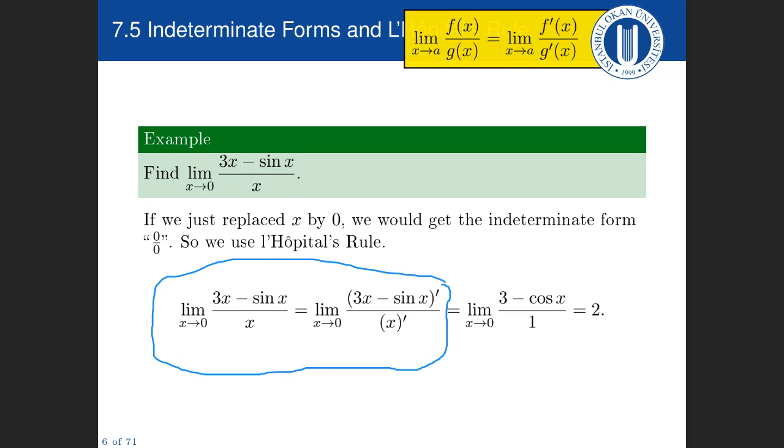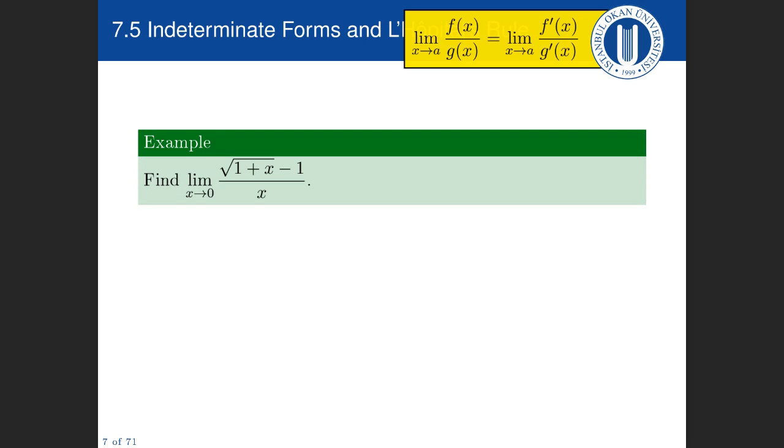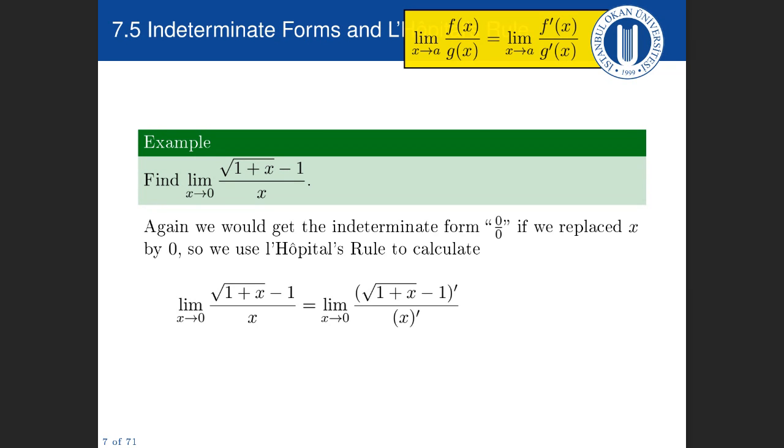Let's do another example. Find the limit as x tends to 0 of the square root of 1 plus x minus 1 divided by x. Now again, if we just replace the x by a 0, we would get 0 divided by 0, and that's not a number. So instead, we're going to use L'Hopital's rule.